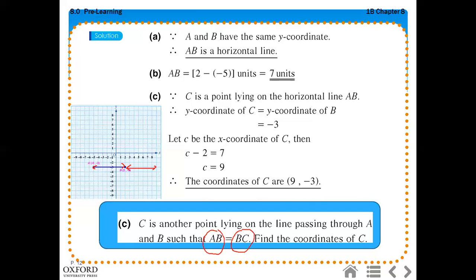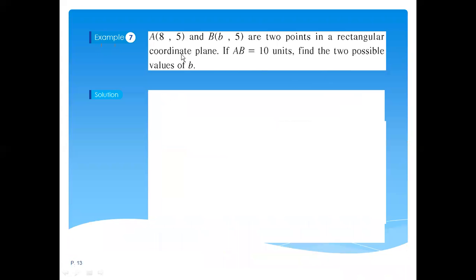All right, then let's go to another question. Question 7. We have 2 points A and B again, and this line AB is 10 units long. Find 2 possible values of b. This question is similar to the last question.